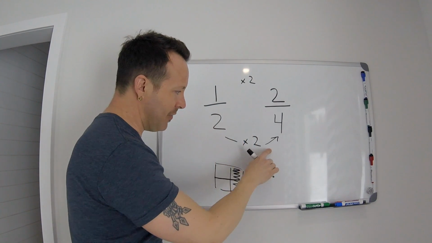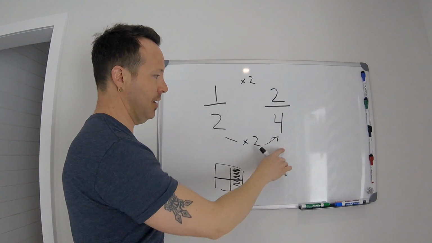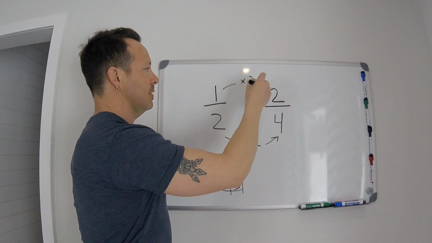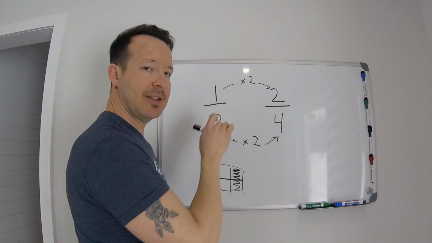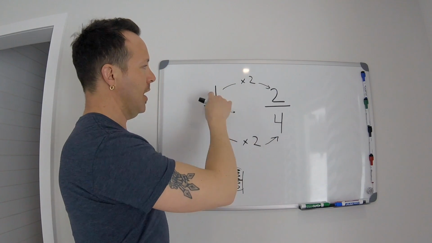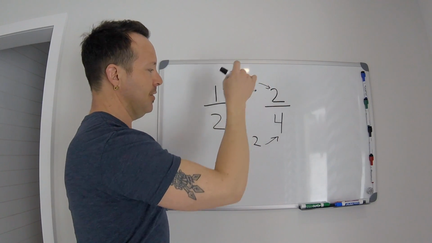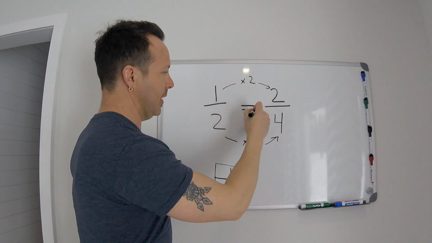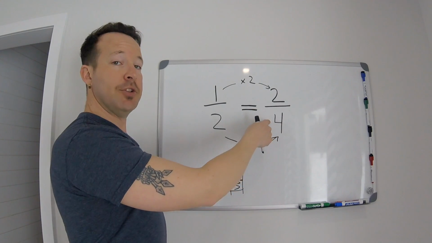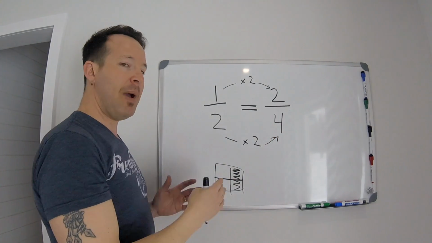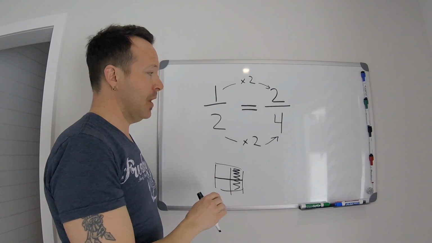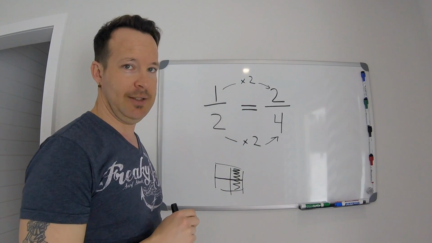So whatever I multiply to get from here to here, I multiply the numerator, and it gives me the correct numerator on this side. So 2 times 2 is 4, and 1 times 2 is 2. So this is showing us that 1/2 is equal to 2 over 4. It's the same amount, okay, but the pieces are cut differently, but these fractions are equivalent.